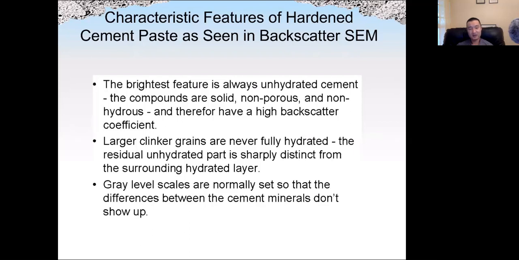All right, and here tells us how to look at a picture of concrete and cement. The brightest phase is always unhydrated cement, as we discussed before.